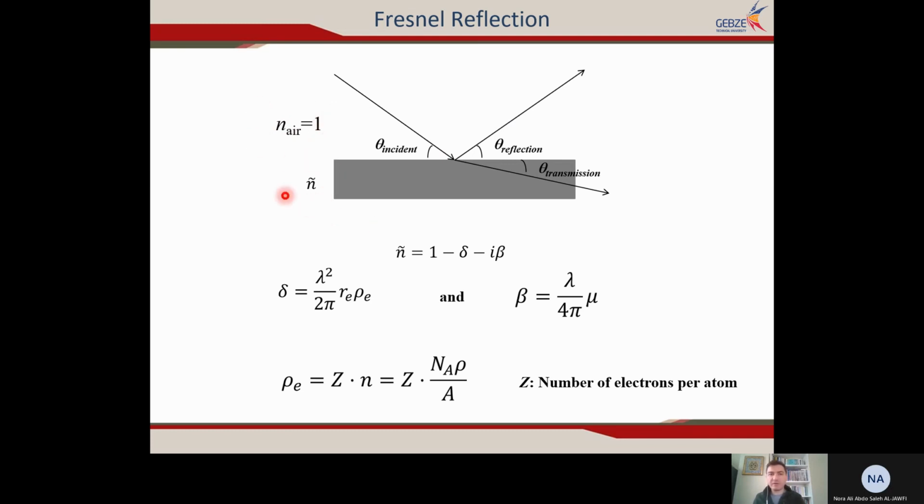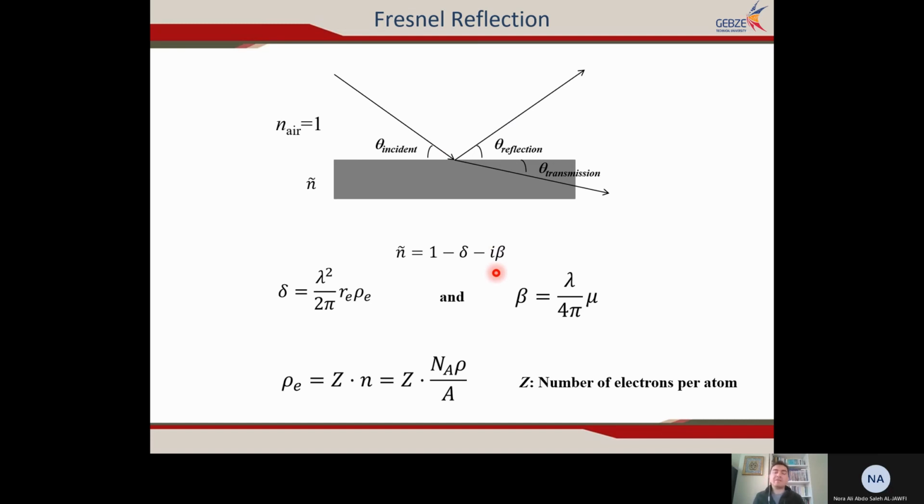So what about the refractive index of the medium n here? It contains delta and beta. As we have discussed in the previous lectures in X-ray matter interaction, this delta is related to the scattering mechanisms, and this imaginary part, which includes beta, is related to the absorption.